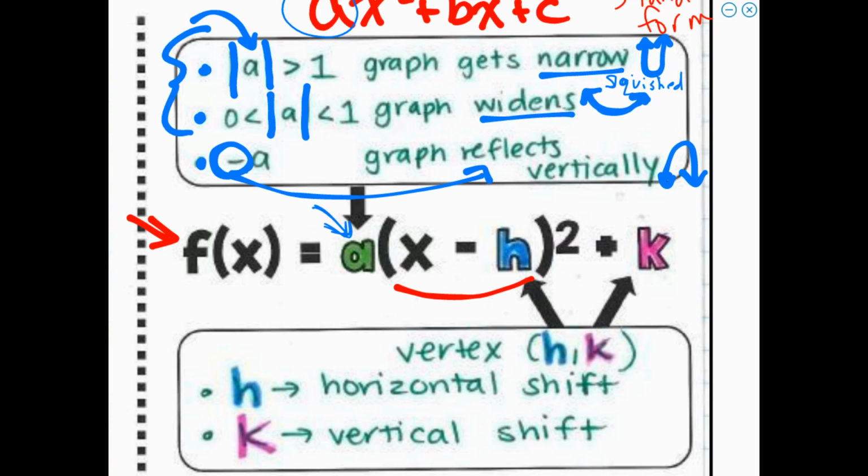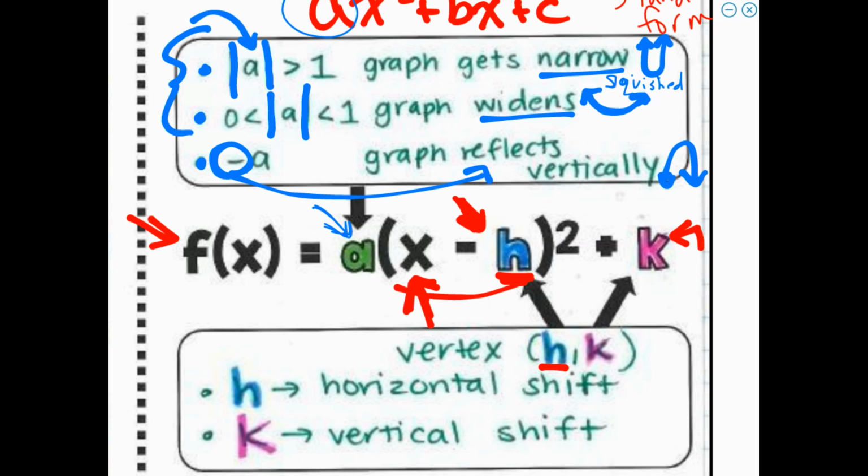The same things happen though. Whatever happens inside the parentheses affects the x, sorry. So this h is your x coordinate of your vertex. What happens outside the parentheses affects your y.